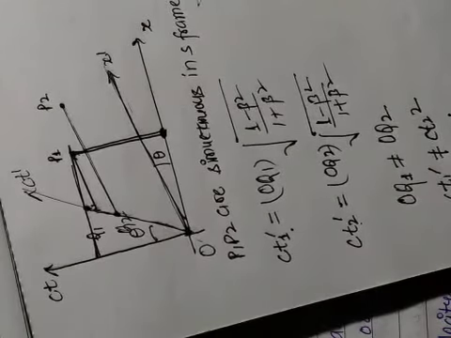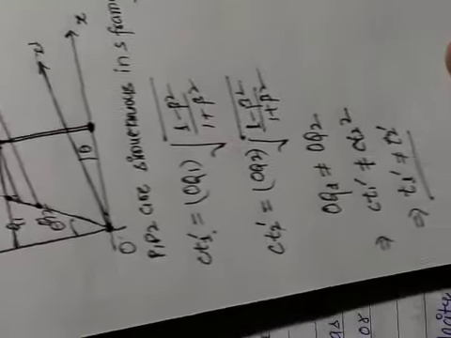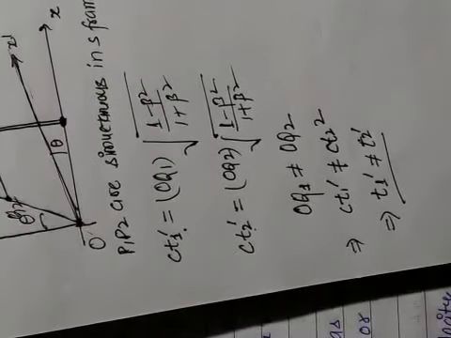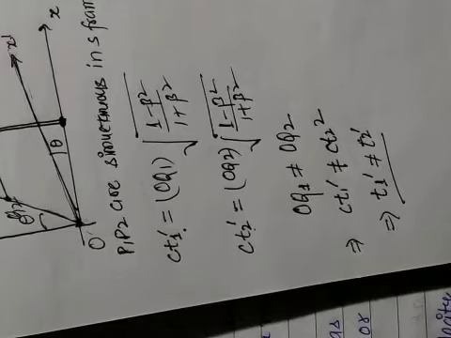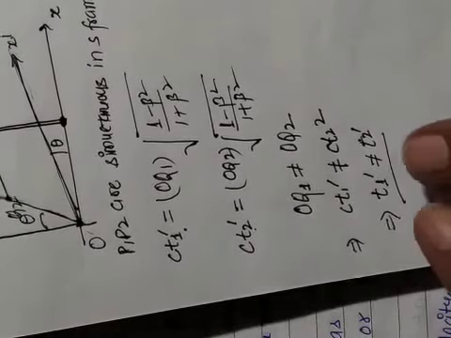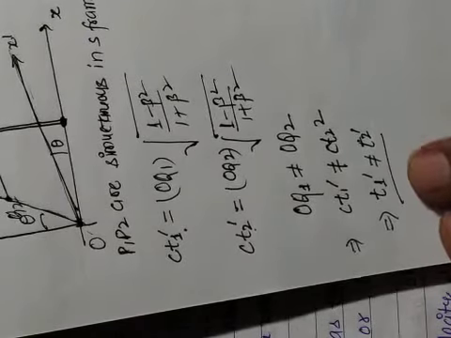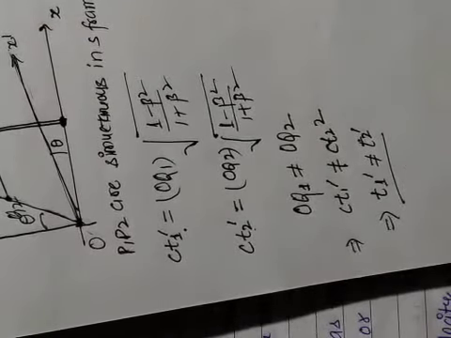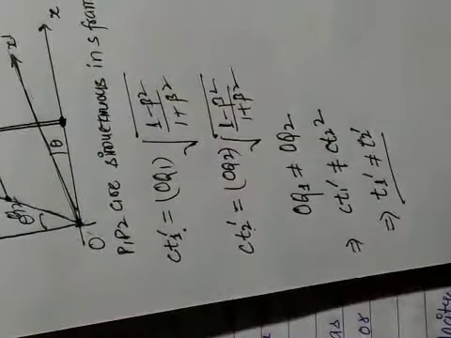And for simultaneous events, time must be equal. Places are different, but time is the same. But look here, time is not equal for these events in the S prime frame.